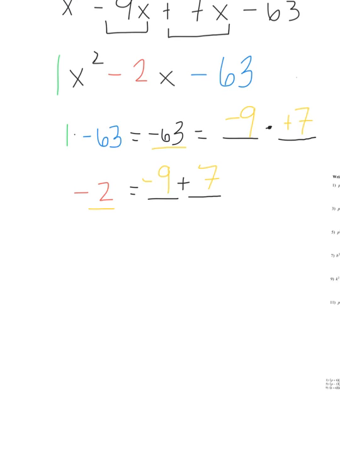So we are going to rewrite the trinomial, but instead of negative 2, we're going to put negative 9 and positive 7. So it's 1x squared, negative 9x, plus 7x, minus 63.